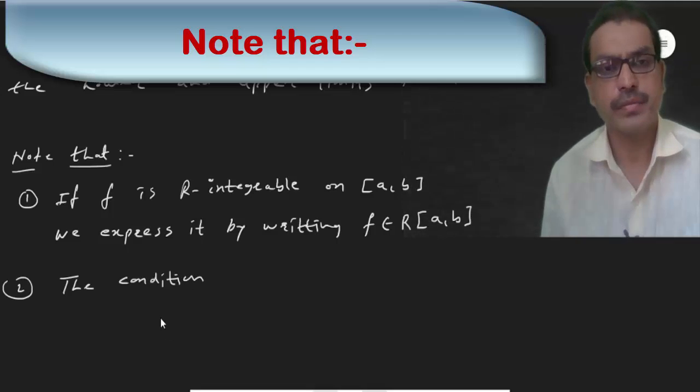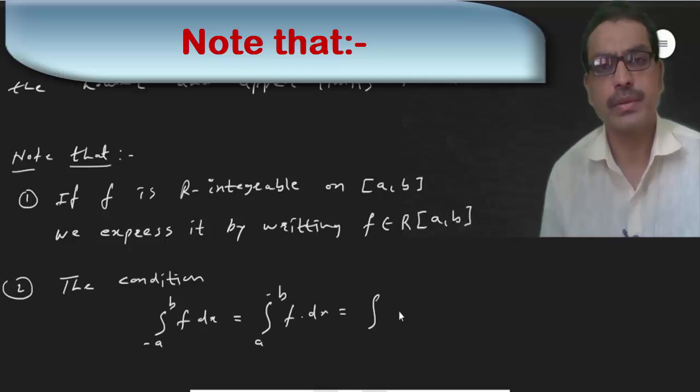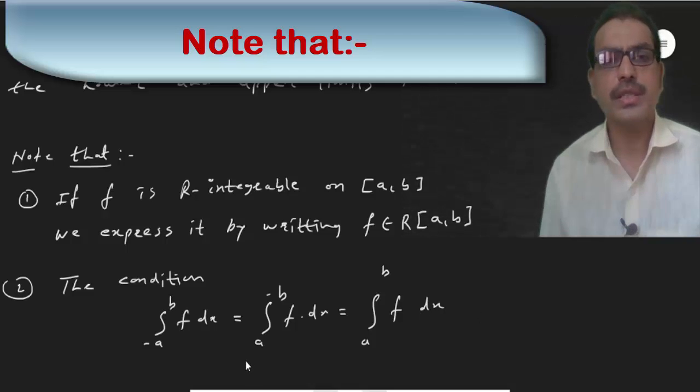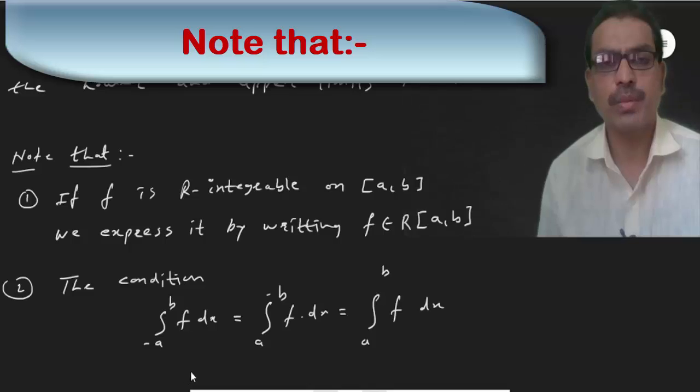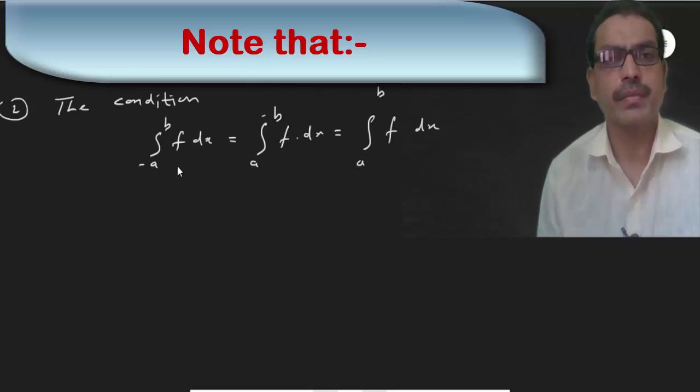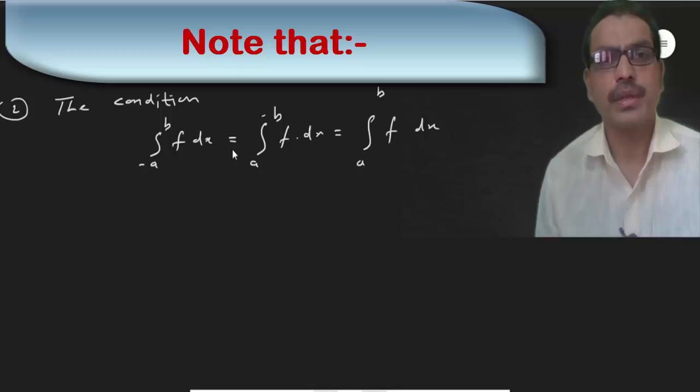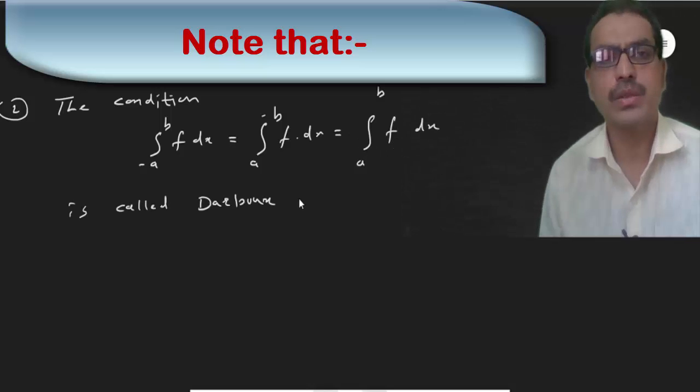The condition that the lower integral of f is equal to the upper integral of f is equal to the integral of f is also called the Darboux condition of integrability.